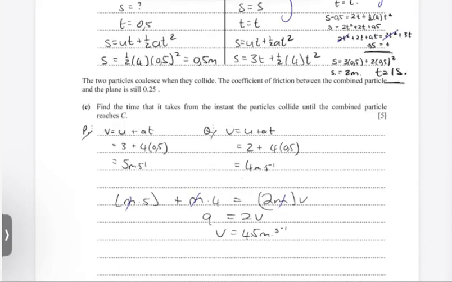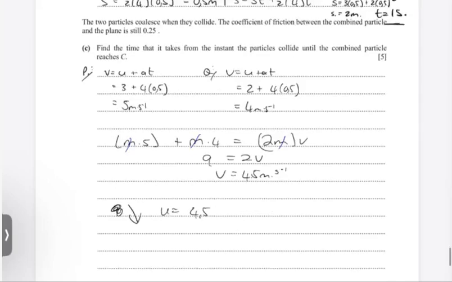Now these coalesced particles are going down. So my U is 4.5. My distance is 1.25. My acceleration we're going to have to figure out, and they want to know the time. Okay, so because mass doesn't actually count, acceleration is still going to be 4. Interesting.